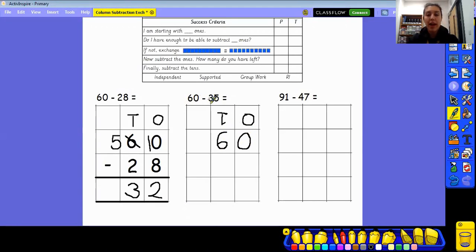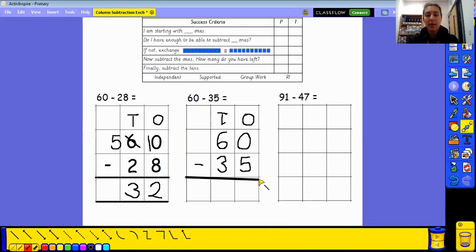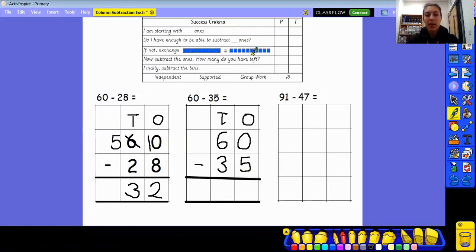And then I'm subtracting, so don't forget to write your subtraction symbol. I'm subtracting the number 35, which has got 3 tens and 5 ones. And then I'm going to need to do my equal sign on the bottom, so I've got somewhere to write my answer. Fabulous. Now I've got my calculation set up.